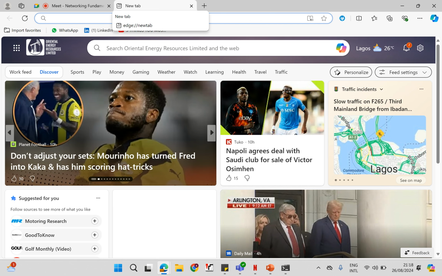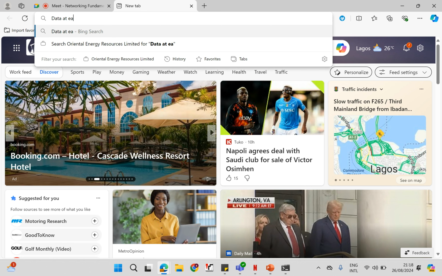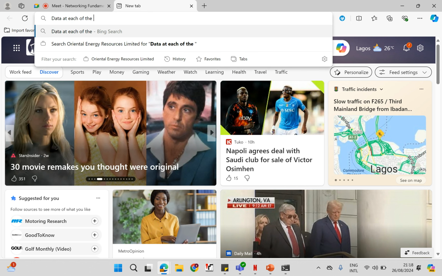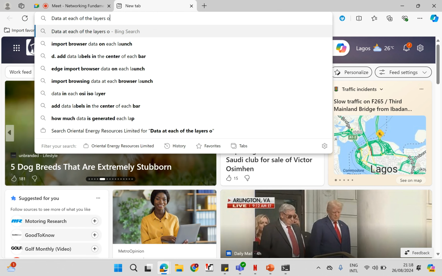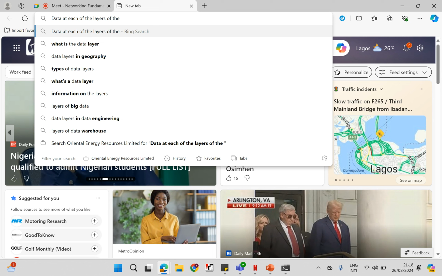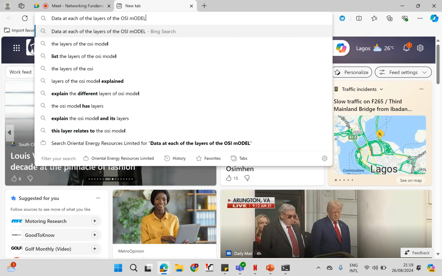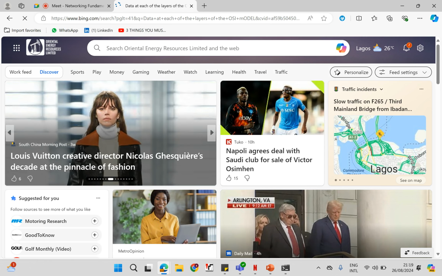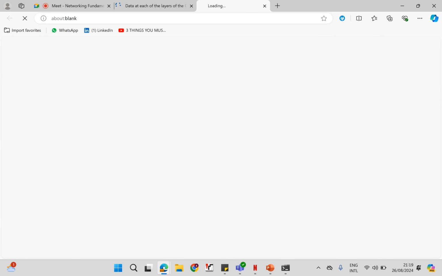What is data called at each of the layers of the OSI model? We can easily confirm that.